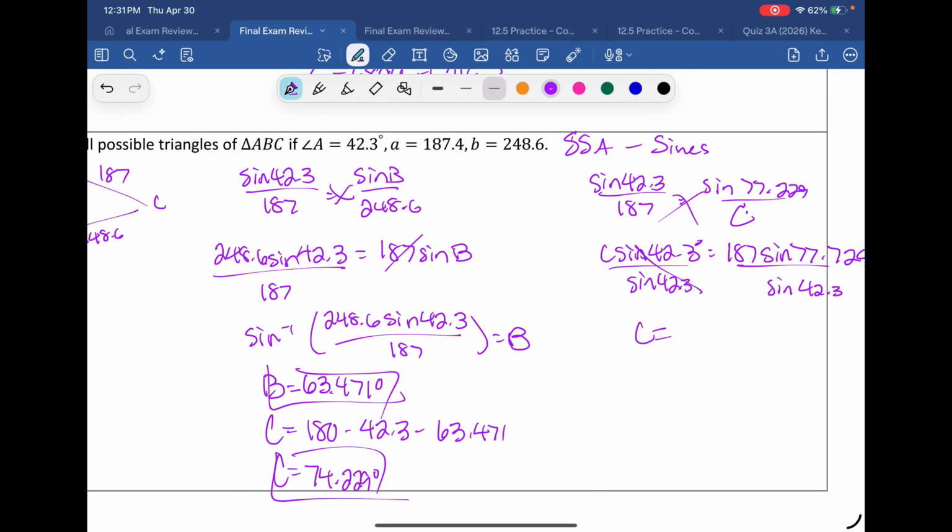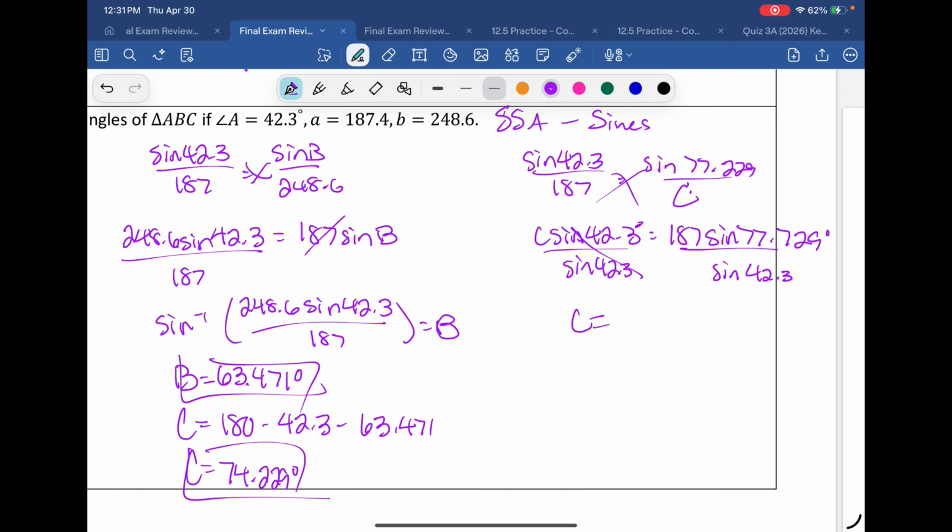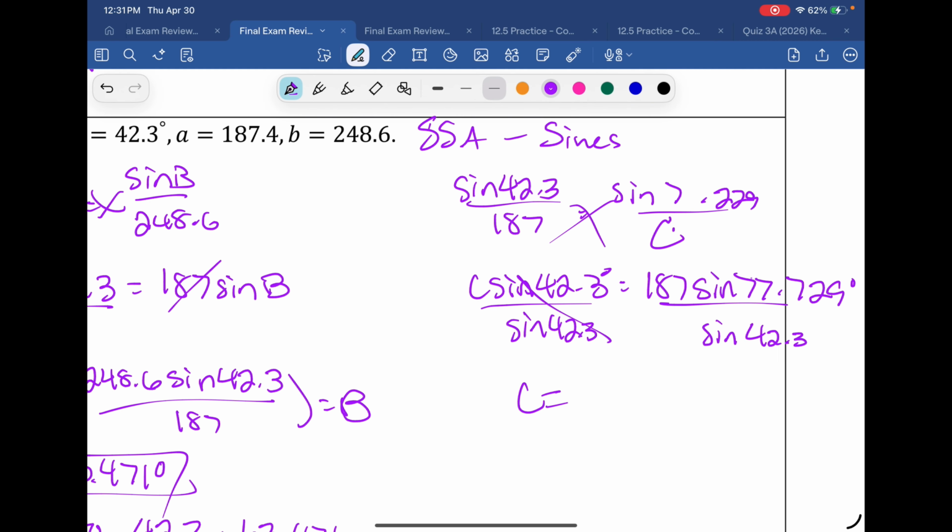Calculator. Wrote 77, but 74. All right, that's the remaining side.